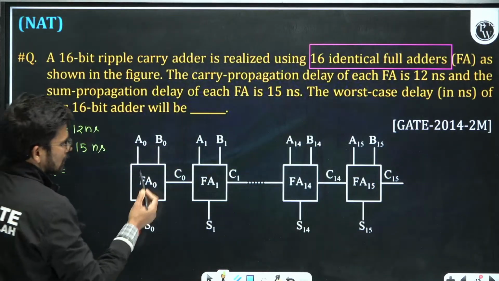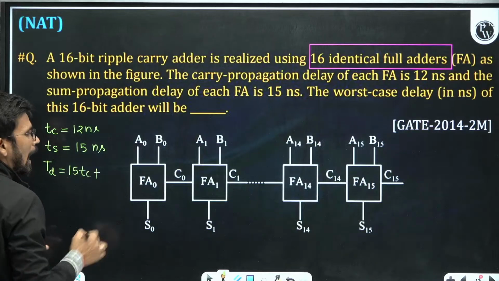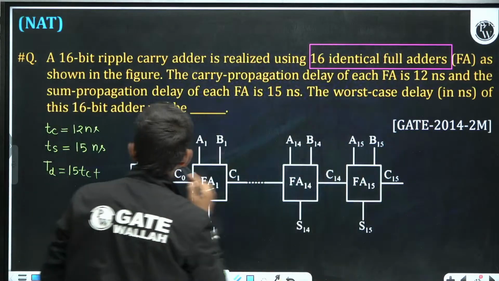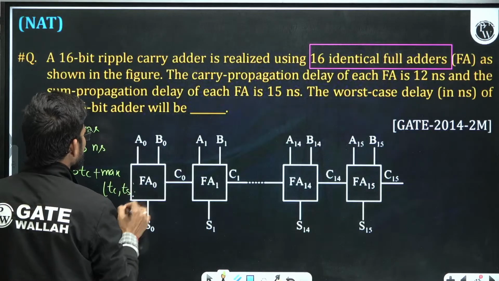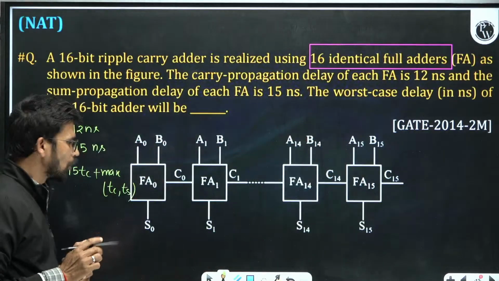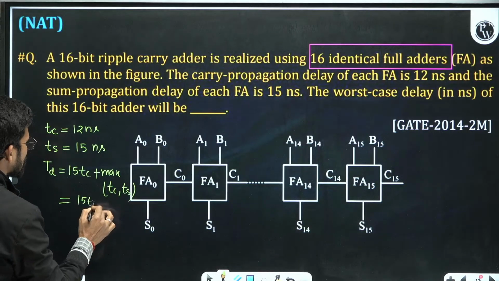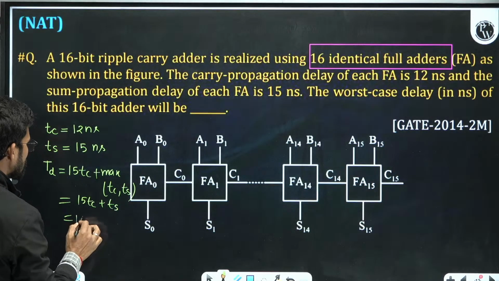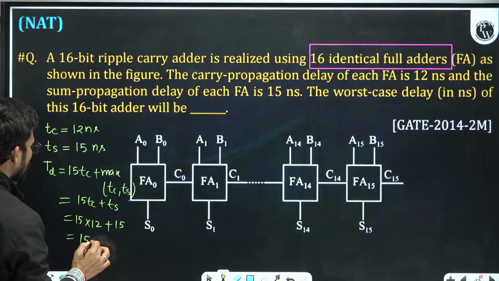So TC plus TC plus TC, 15 times, this will be 15 TC. And in case of the last full adder, we add the maximum of TC and TS of the last full adder. Between TC and TS, the maximum is TS, so this is 15 TC plus TS. 15 TC is 15 into 12, plus TS is 15. So this is nothing but 15 into 13.